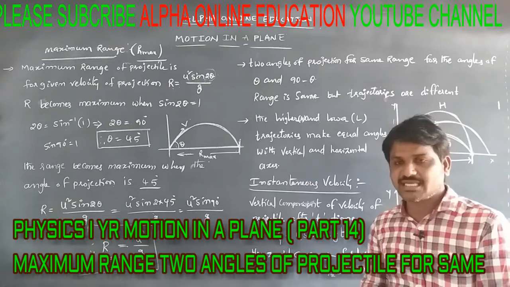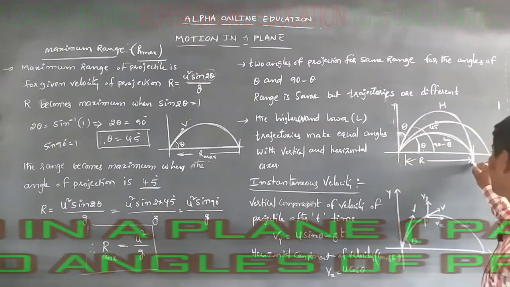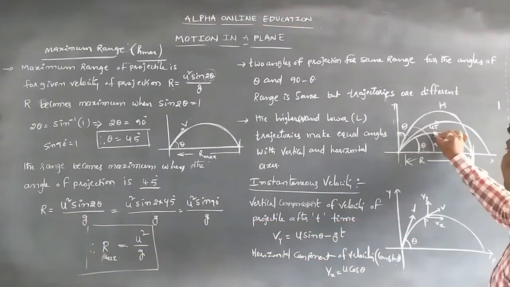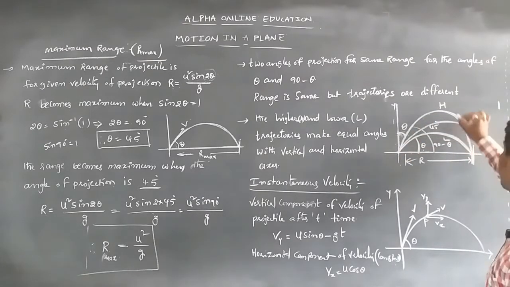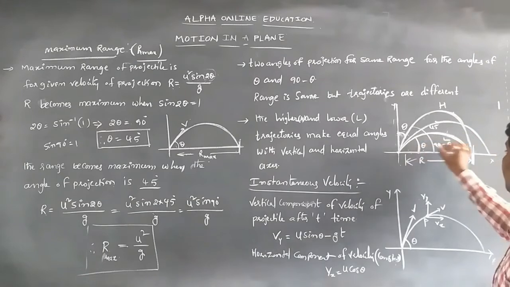These ranges are same, but the lower trajectory will be like this, and the upper, higher trajectory will be like this. The trajectories are different, but the range is same.